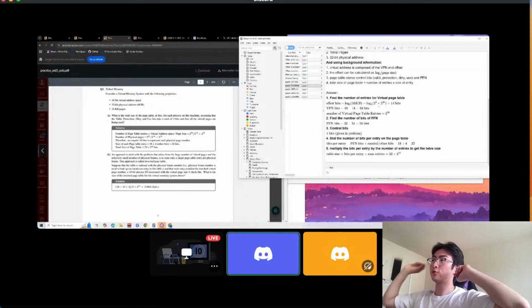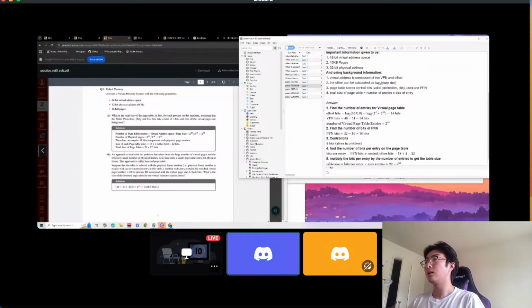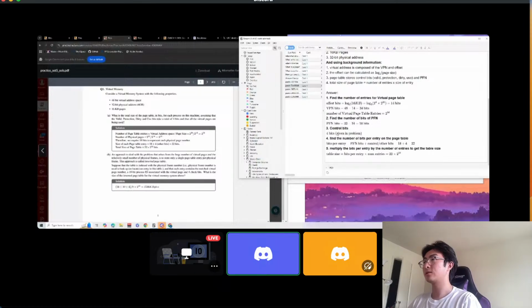So if you have a virtual page that is 16 kilobytes, then our frame is also going to be 16 kilobytes. Okay, so we have 18 bits for that, and then 4 bits for control bits or other bits, which is given in the problem.